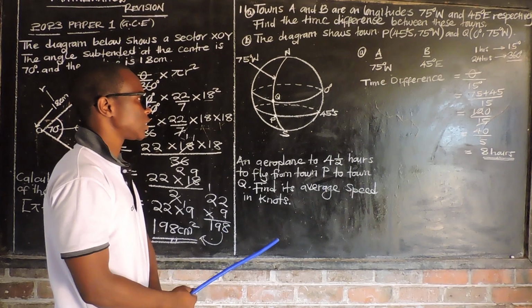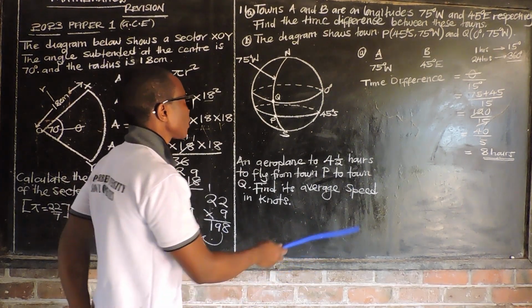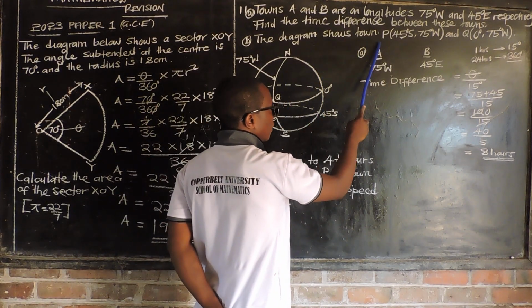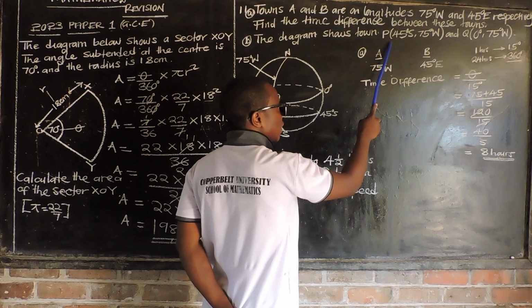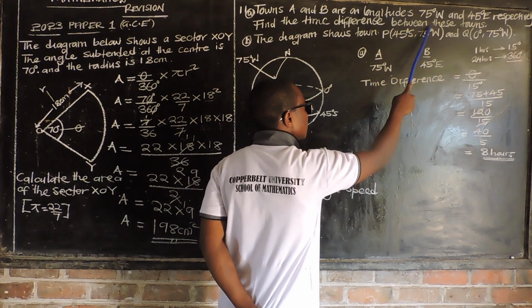Now let us look at question B. Question B says the diagram shows town P, which is on latitude 45 degrees south, longitude 75 degrees west.